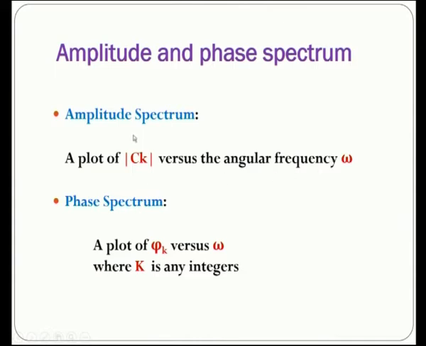That is, the amplitude spectrum is a plot of the absolute value of Ck versus the angular frequency omega. The phase spectrum is obtained by plotting phi k or theta k versus omega, where phi k or theta k and Ck may take any value.